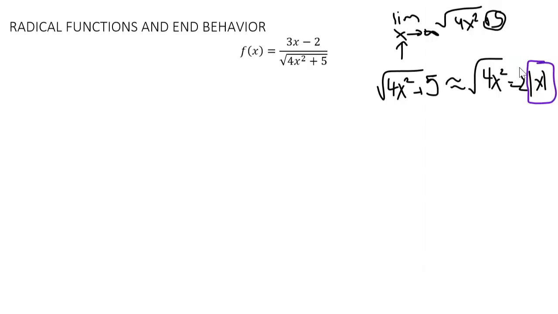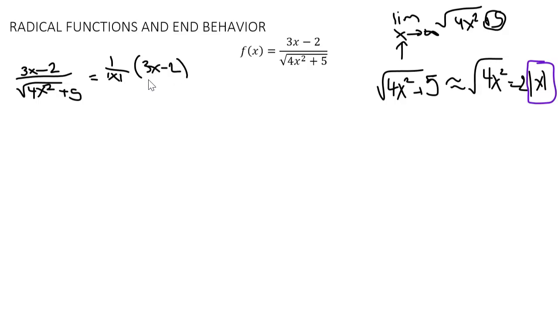We're going to introduce this factor into our problem, and we're going to introduce it as a reciprocal, so it's really being divided by each term in the problem. So giving myself some space, I am looking at 3x minus 2 over 4x squared plus 5 being equal to 1 over the absolute value of x times 3x minus 2.